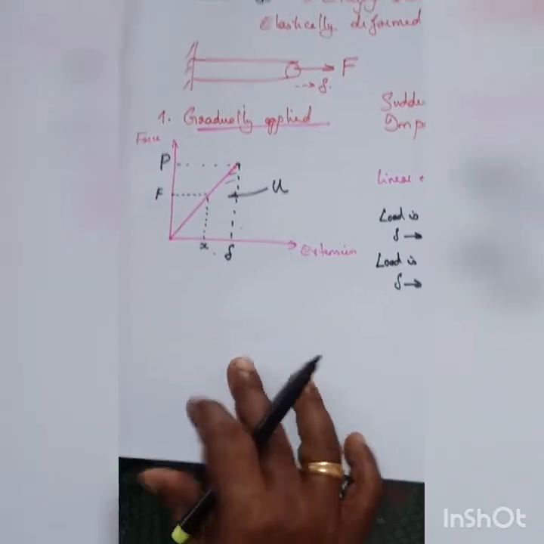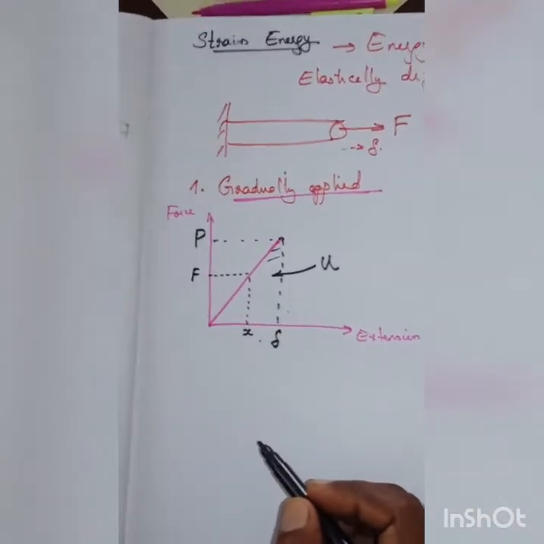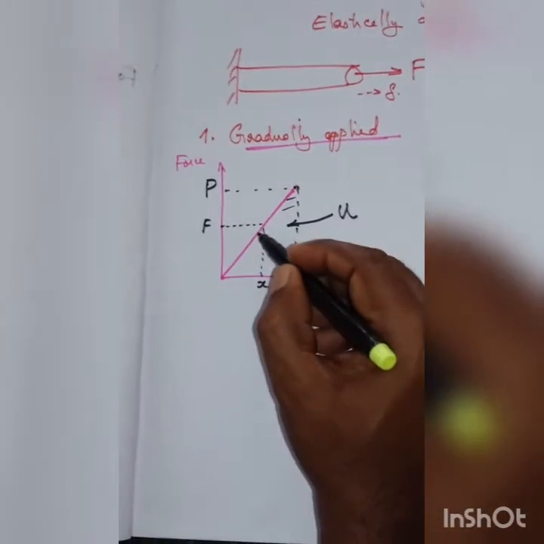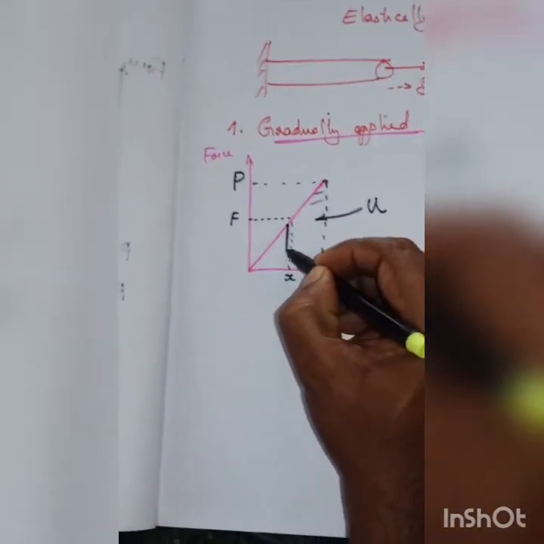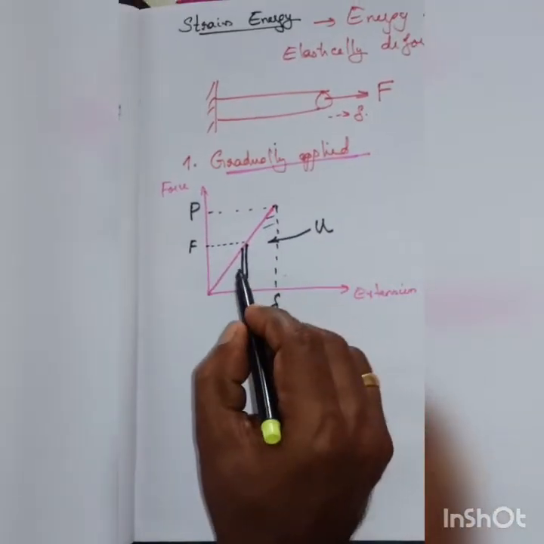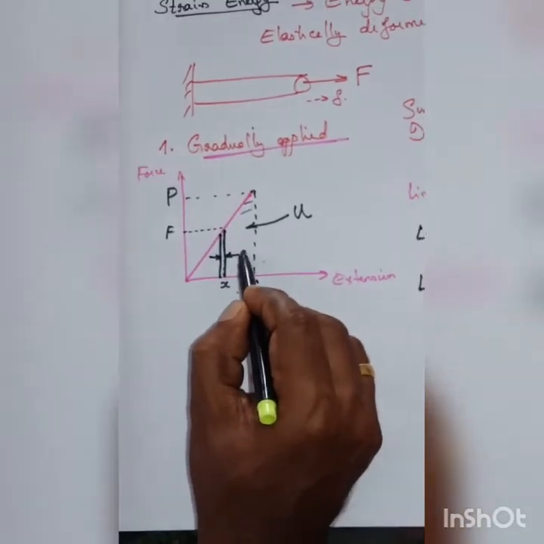So how will you get the area under this curve? For that purpose, I will take a small strip here, and let the width of the strip be dx.